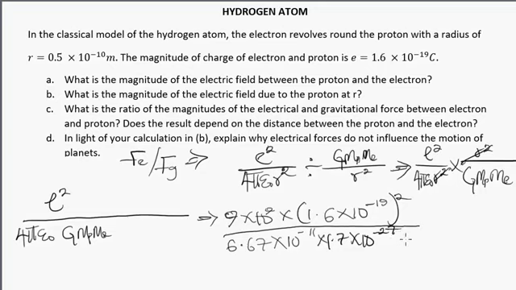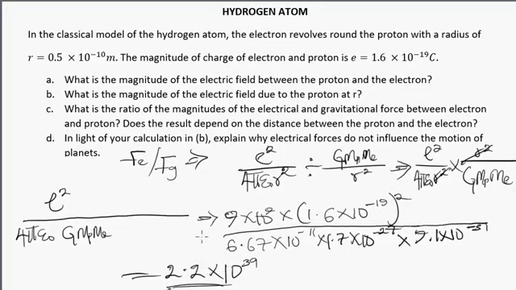And then this will be multiplied by 9.1 times 10 to the power of minus 31, which is the mass of the electron. Alright, so when I check this with my calculator, I'll have 2.2 times 10 to the power of minus 39. That's the ratio. Alright, so let's go back to the question.